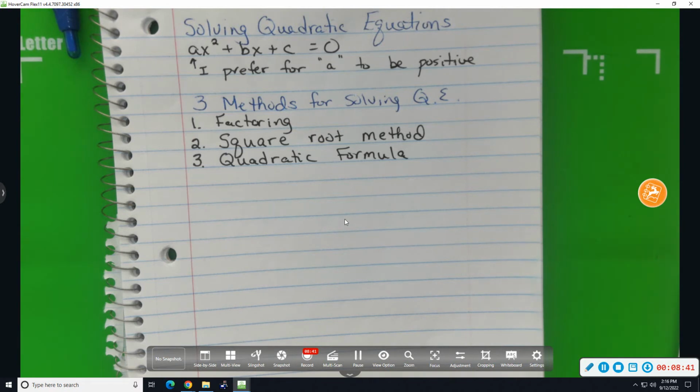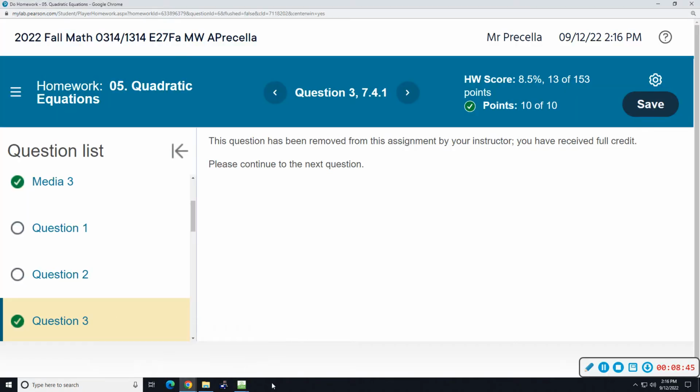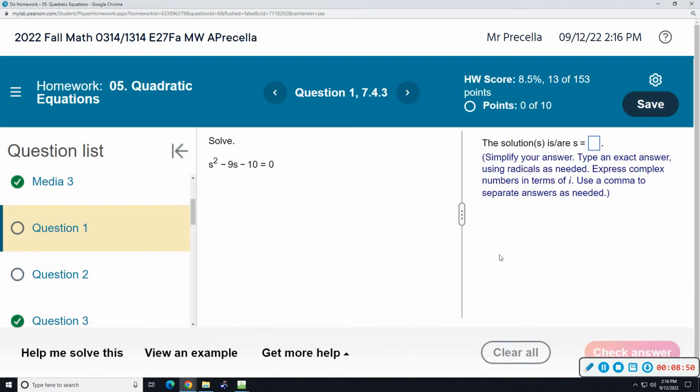Now, let's go ahead and do the first two problems on the assignment, just to review that factoring stuff that we were doing. So this is problem one. It says solve, and it doesn't say by factoring. I sort of wish they had. I think number two does say solve by factoring.